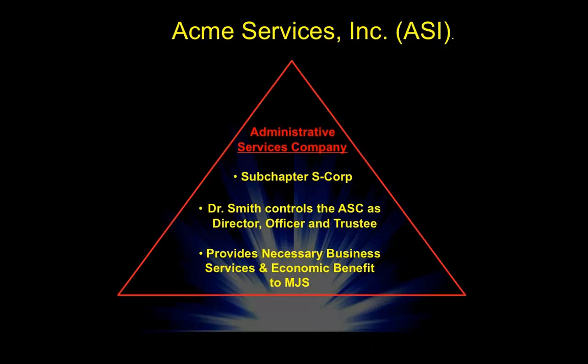It's going to be designed to provide very specific business services and create economic benefit for his company and his affiliates. That is important because the IRS looks at any kind of tax-favored transaction through the lens of, is there a real economic benefit there other than the tax savings?